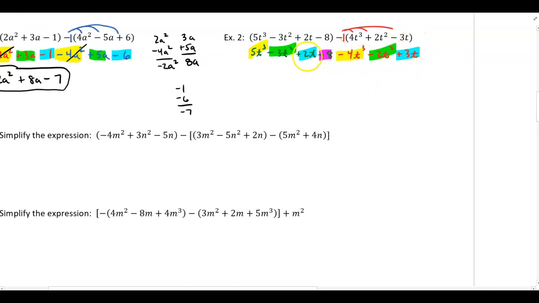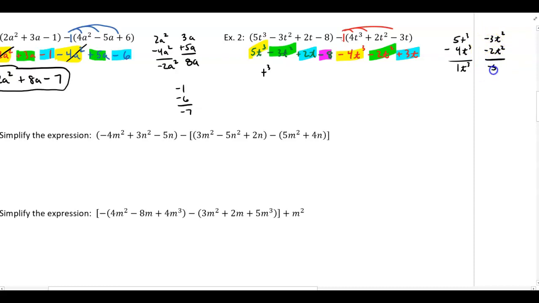So over here, 5t to the third minus 4t to the third gives me 1t to the third. Since it's positive, I'm going to keep it positive. Now, negative 3t to the second, minus 2t to the second.